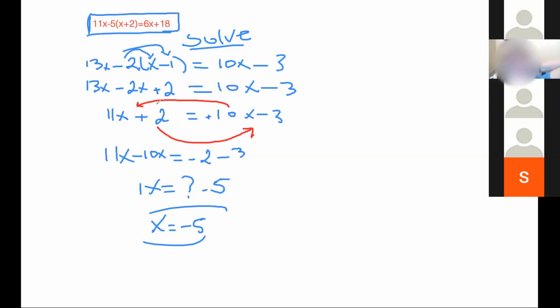Okay, so there's two things. Either you didn't plug it correctly, or you made a mistake solving it. So basically, you plug -5 into the equation. Be careful of the signs. If you didn't make a mistake plugging it, then backtrack and go to the original equation and check these steps. It's easier to miss a sign here.